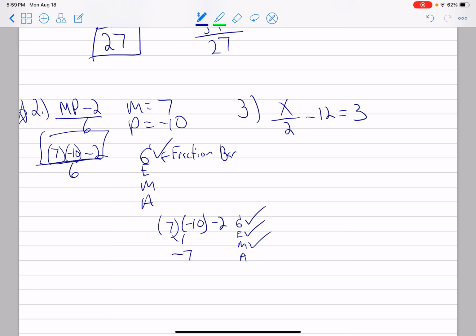Yes. Negative 70 minus 2. Adding and subtracting? Yes. Negative 70 minus 2. Please use the calculator to make sure that you have done this right. That is negative 72. So I end up, this whole top became negative 72 divided by 6. And negative 72 divided by 6 is negative 12. 6 times 12, 72. Boom.